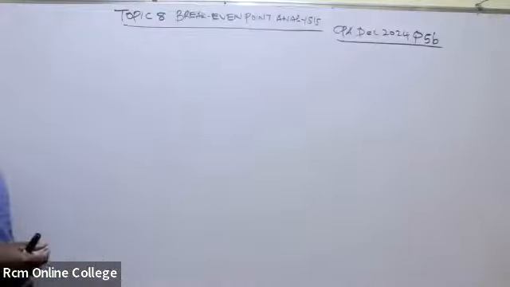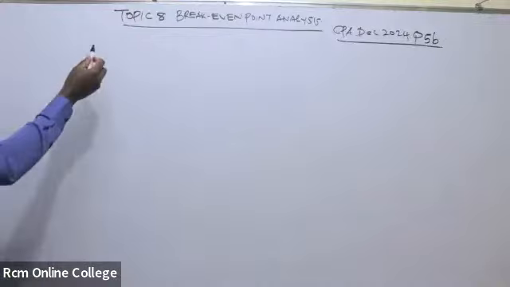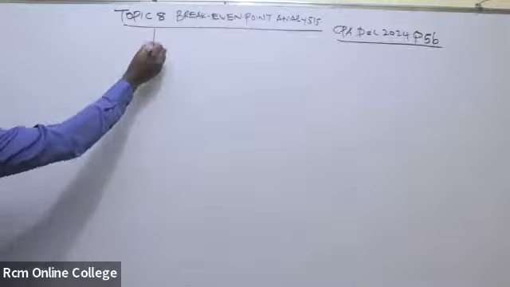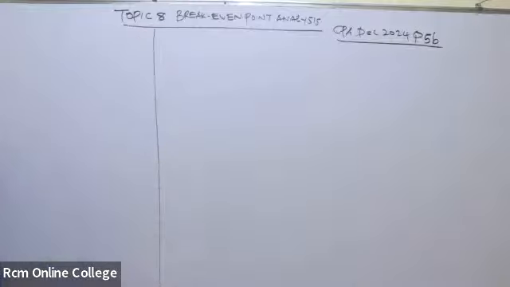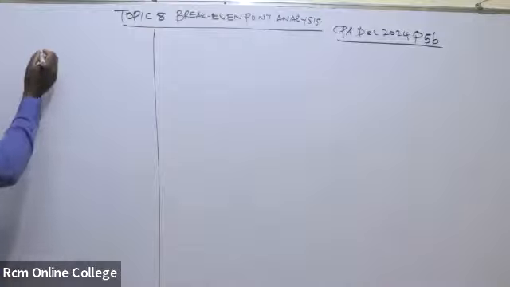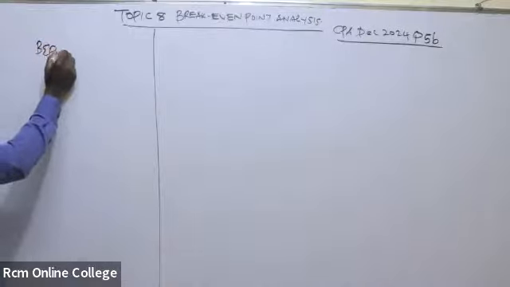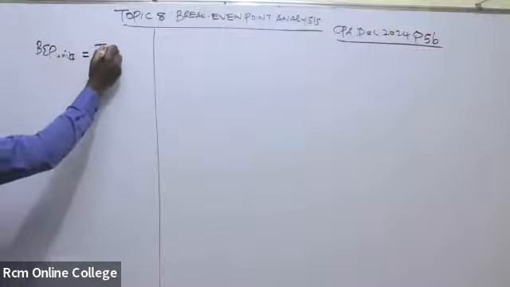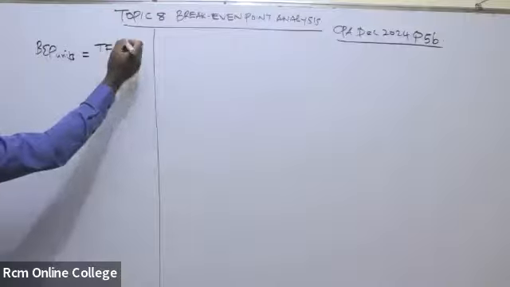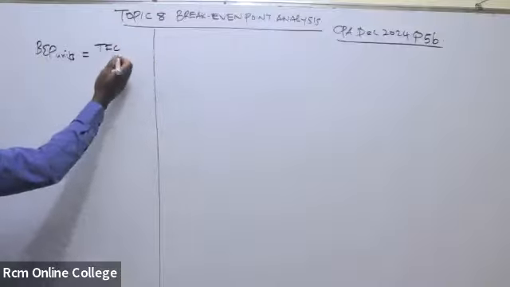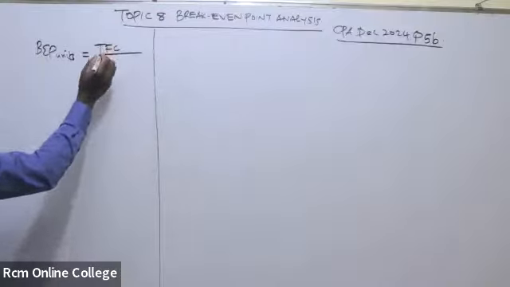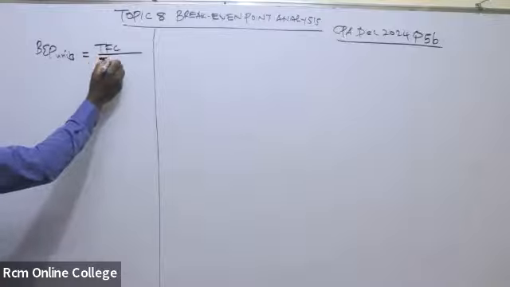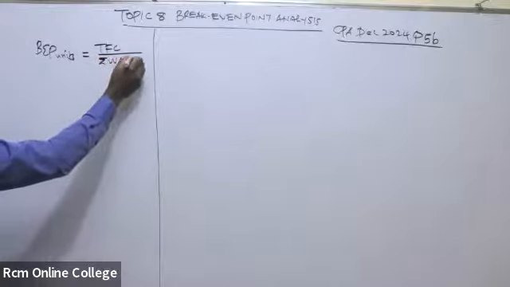Now, let me bring back the formula of dealing with multiple products. Our formula for break-even point in units when dealing with multiple products is equal to total fixed cost plus target profit, if we have any, divided by the summation of weighted average contribution margin.